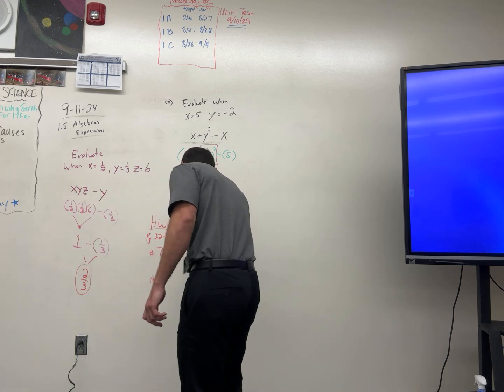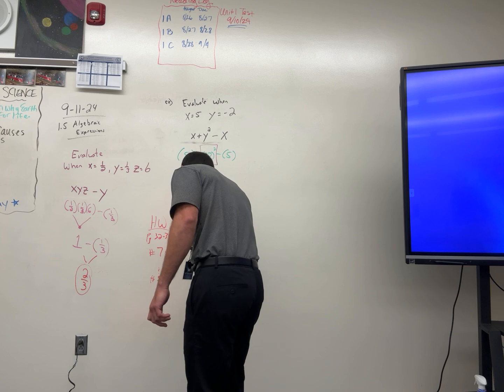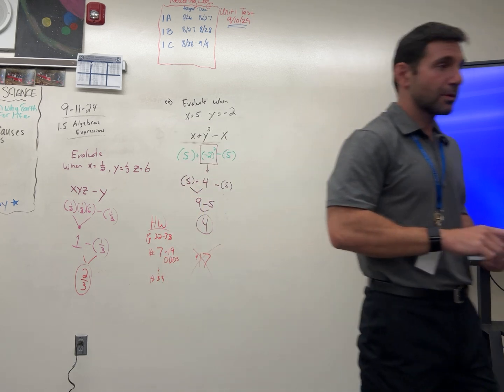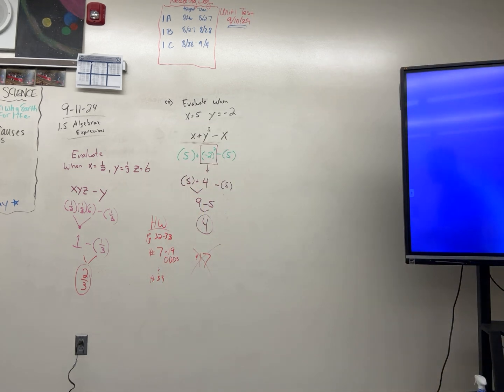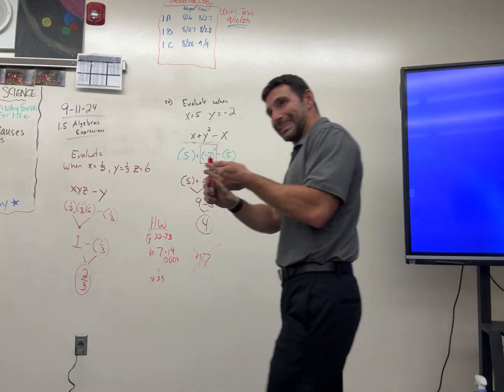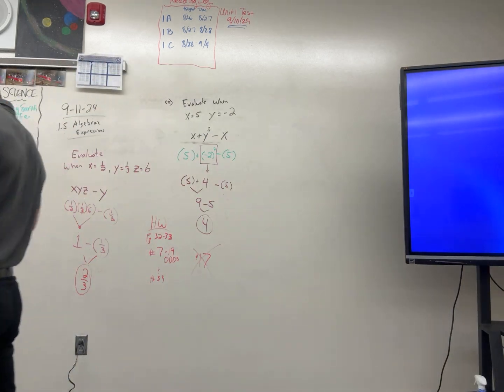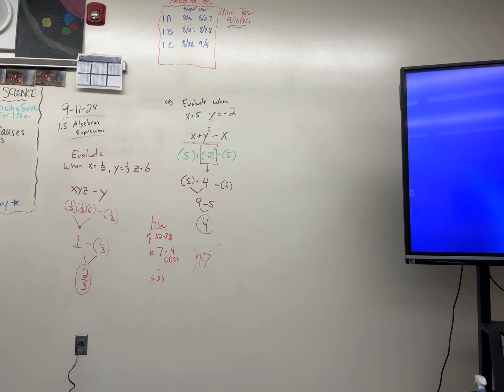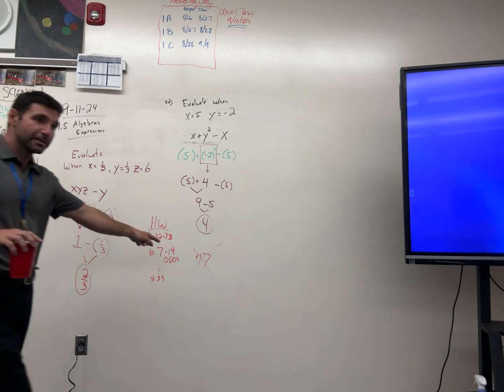But number 17, you're not doing. So you're doing 7, 9, 11, 13, 15, skipping 17, number 19. And then you're doing number 33.